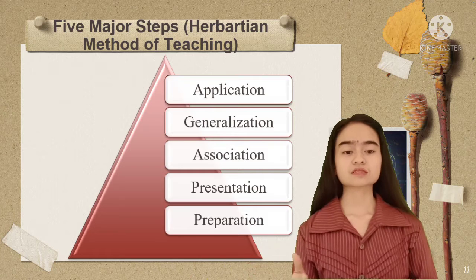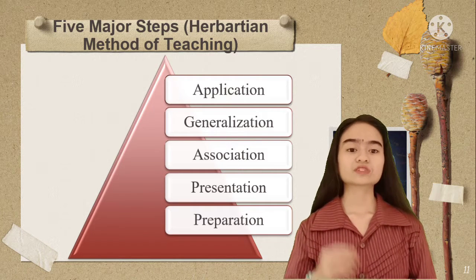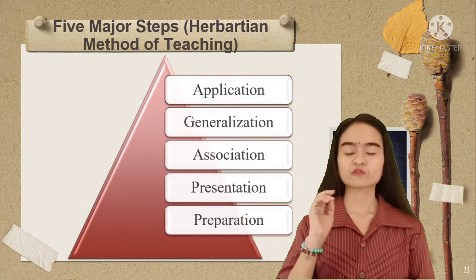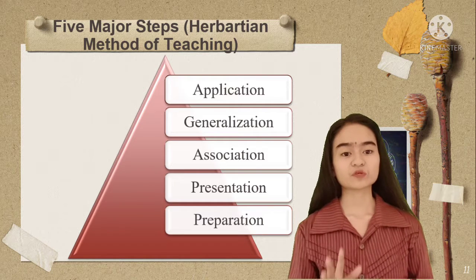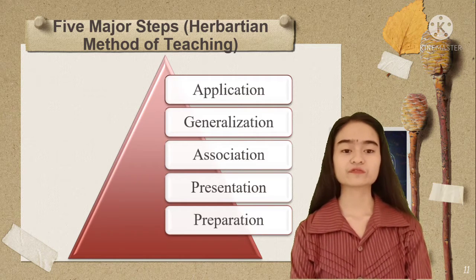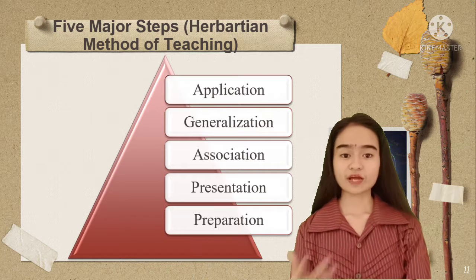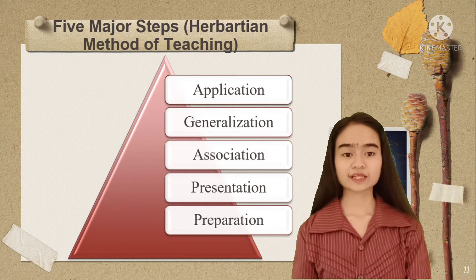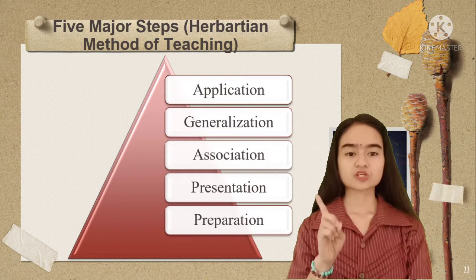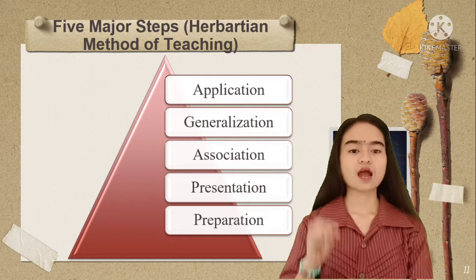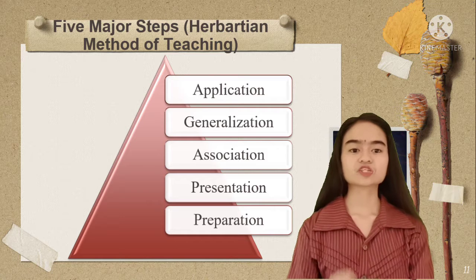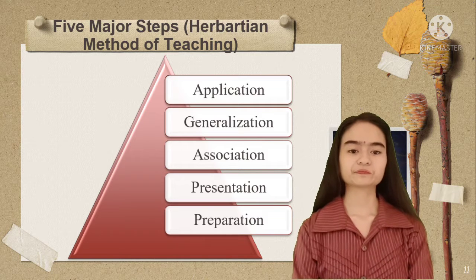This is also known as the Herbartian 5 steps, which are used for students receiving new knowledge in educational fields. His 5-stage system of lesson planning involves 5 discrete steps including preparation, presentation, association, generalization, and application.